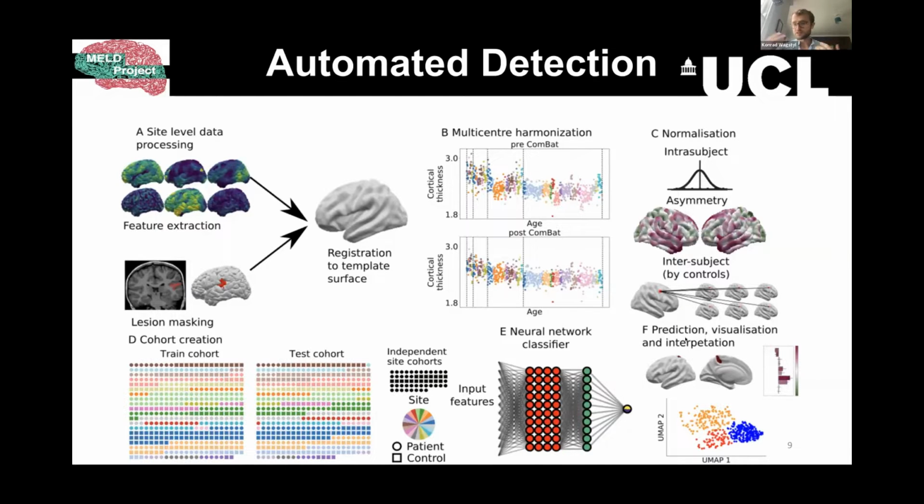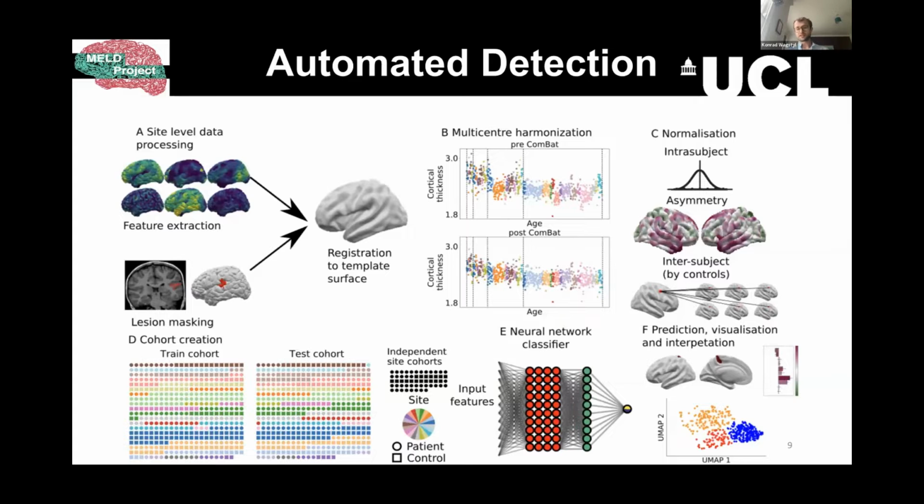So for instance, the frontal cortex being slightly thicker than the occipital cortex, you want to be highlighting what's abnormally thin or thick for that region. So having undergone all that pre-processing, we have a trained cohort and a test cohort. We split the whole MELD 600 patients and controls into just 1,000 patients and controls, 600 of whom are patients.